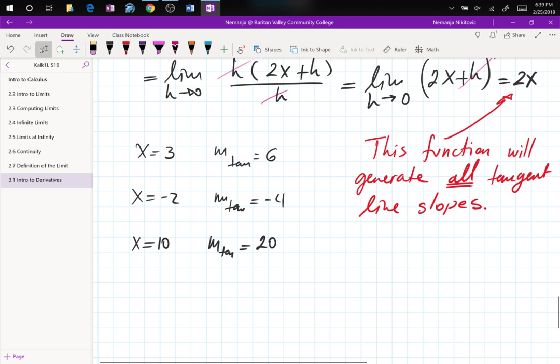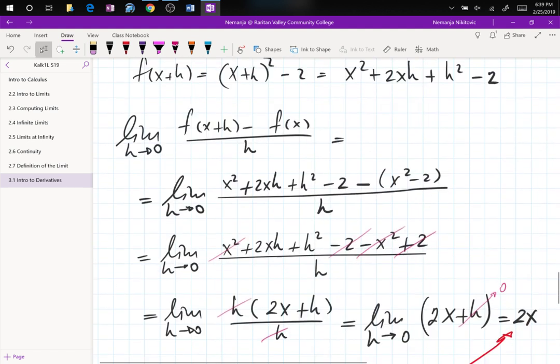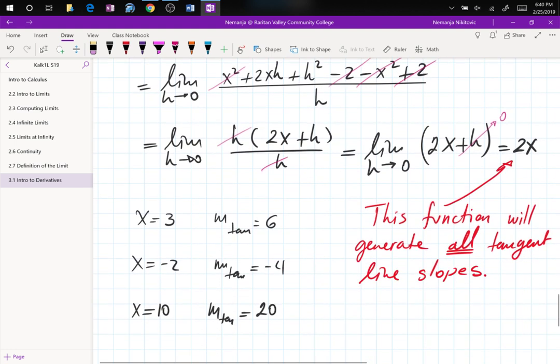So to find this function, you just do this. So we did the procedure. Here's your difference quotient. What happened? Is it a composite function? Yes. Okay.